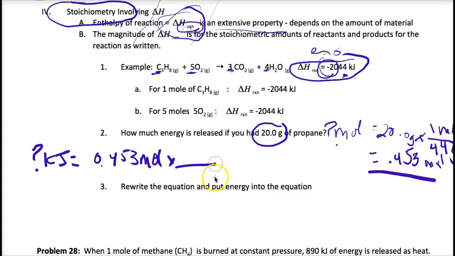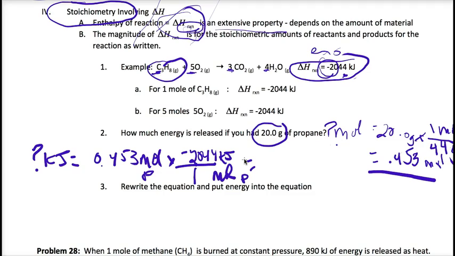Well, what has to go on the bottom? Moles. Now I got lazy, sorry guys. Moles of propane, so I'll put P down here. So this is moles of propane here. Well, look back up here. How many moles of propane do I have? I have 1. How much energy is released with 1 mole of propane? 2044 kilojoules. So go ahead and calculate.